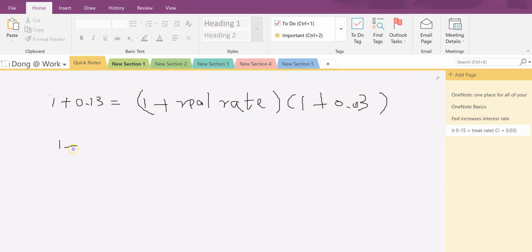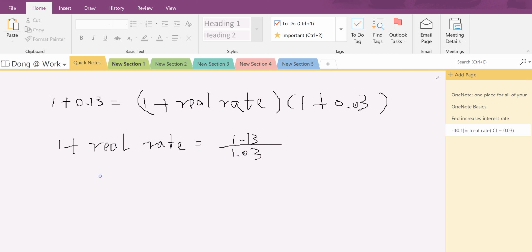1 plus real rate equals 1.13, because 1 plus 0.13 is 1.13, divided by 1.03, right? 1.03.